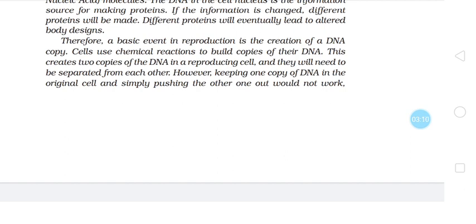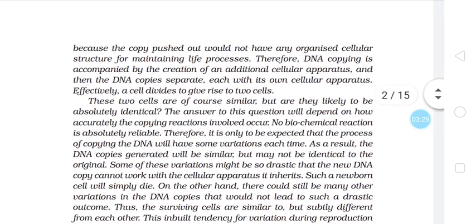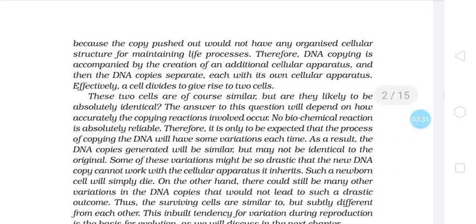This creates two copies of DNA in a reproducing cell, and they will need to be separated from each other. However, keeping one copy of DNA in the original cell and simply pushing the other one out would not work, because the copy pushed out would not have any organized cellular structure for maintaining life processes.